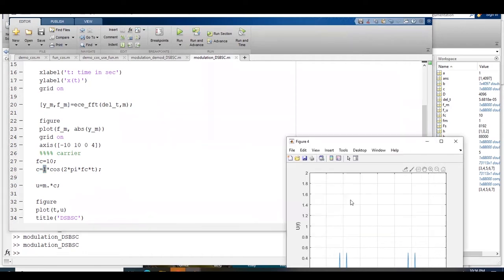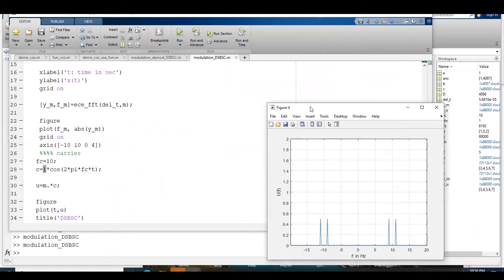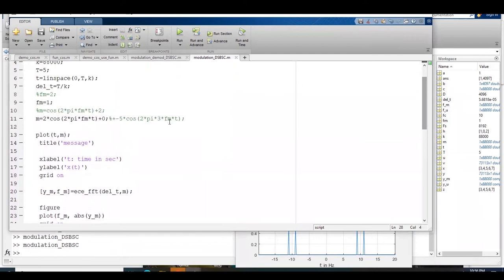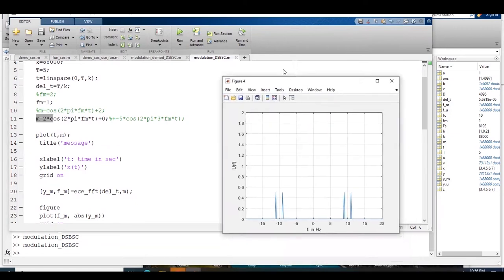If we use the modulation property, the magnitude should be half, because the cosine signal, I have magnitude 2, so the 2 delta for the cosine signal, the message here has magnitude 1, but there is another half for the modulation property, so therefore I should have half for all the delta functions in the modulated signal here.